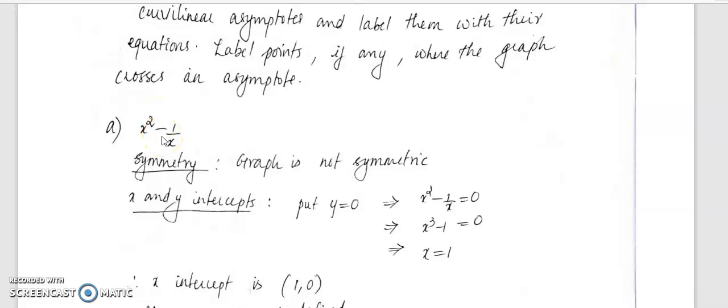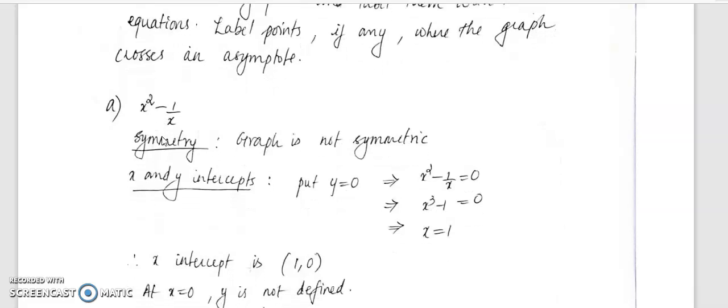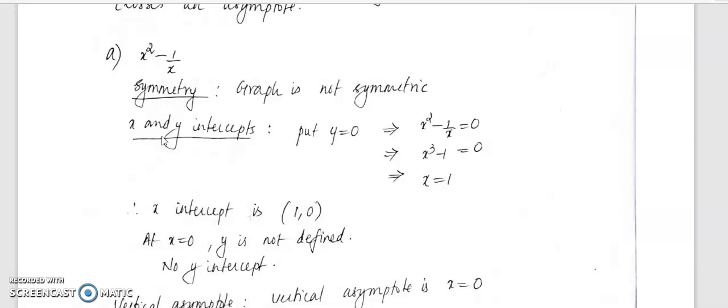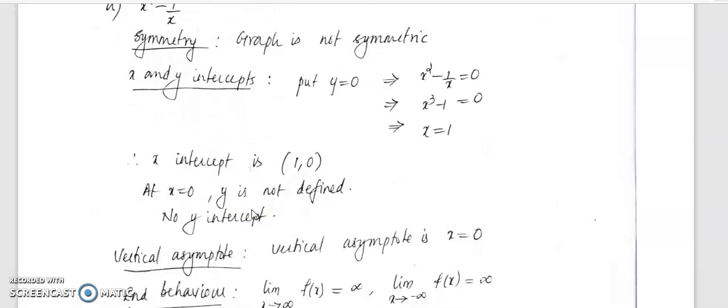As x approaches 0, 1 by 0 gives you minus infinity, so there is no y-intercept. The only intercept is (1, 0).